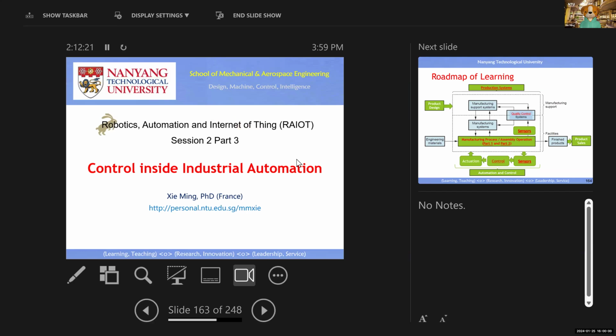So design will provide the input of a part to the production system, right? Production system will also take engineering material as an input. By default, manufacturing here means mechanical manufacturing, right? So we are not talking about chemical manufacturing. We are not talking about biological manufacturing, right?